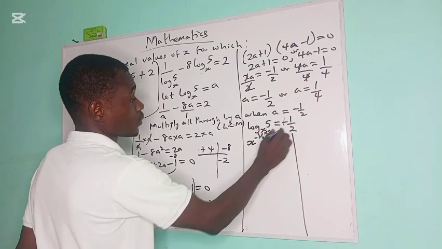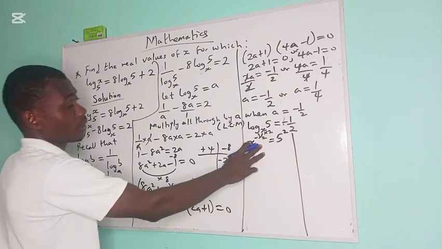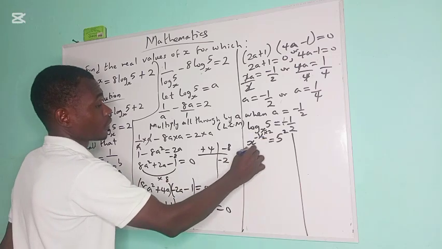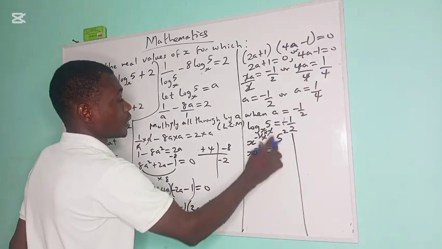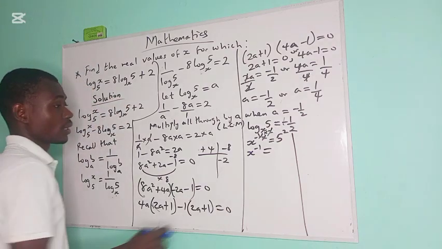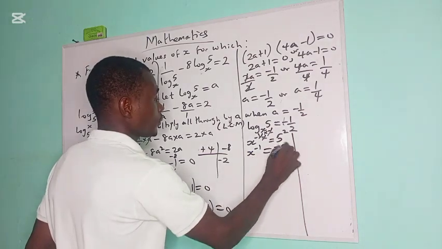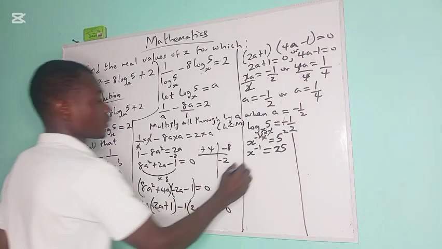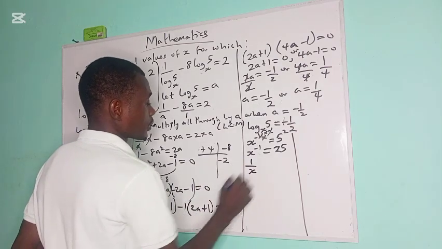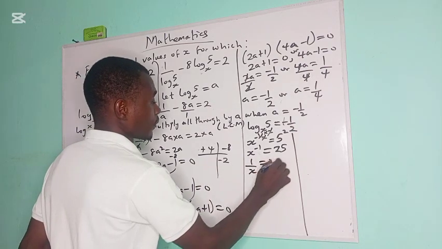Multiply both sides by 2, in order to leave us what we are looking for. So that will give us this, we cancel this. So 5 raised to the power 2, that will give you 25. But you know that this x inverse means 1 over x, right? Which is equal to 5.